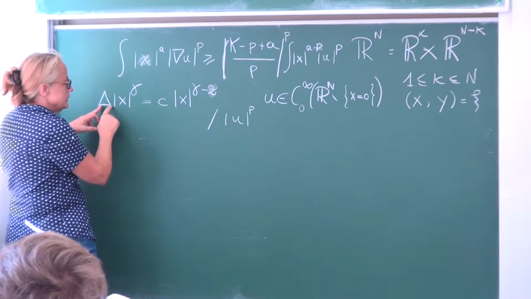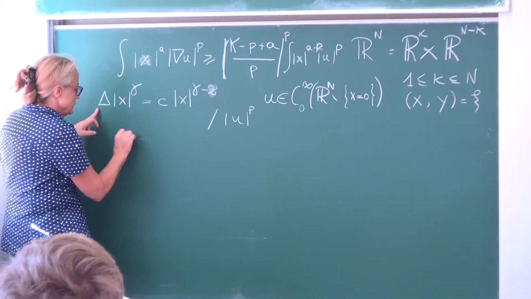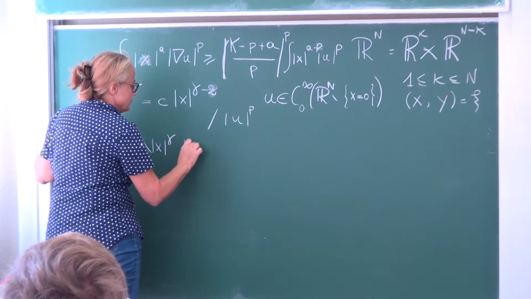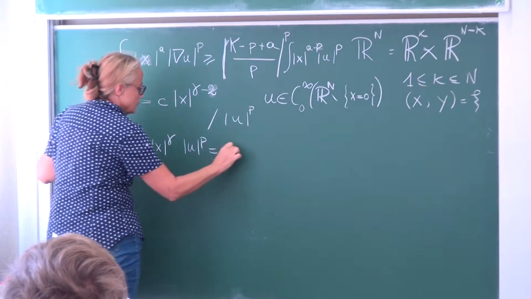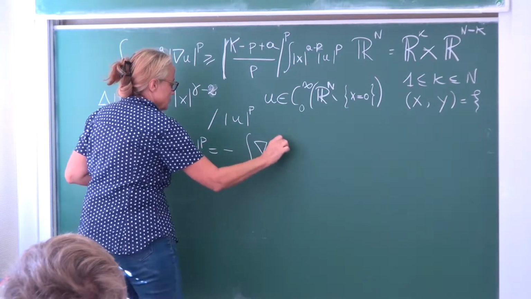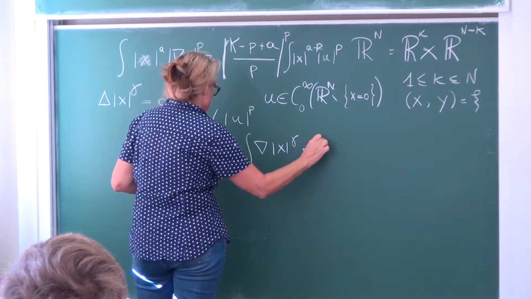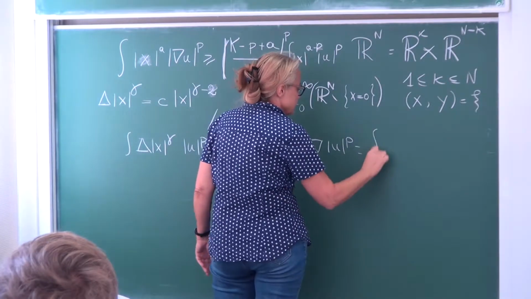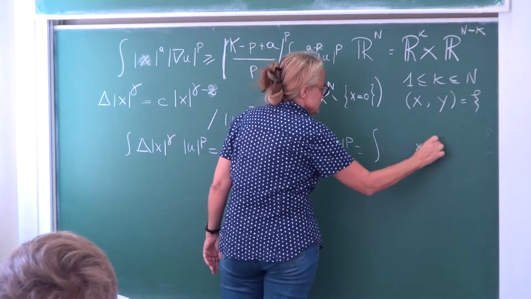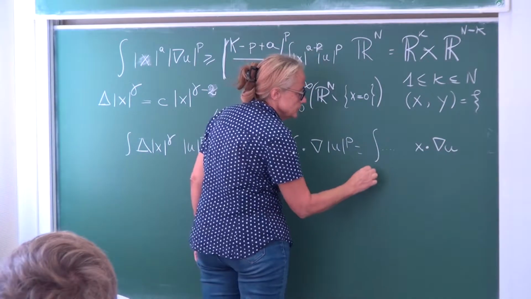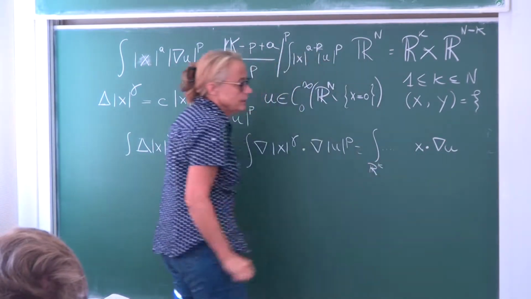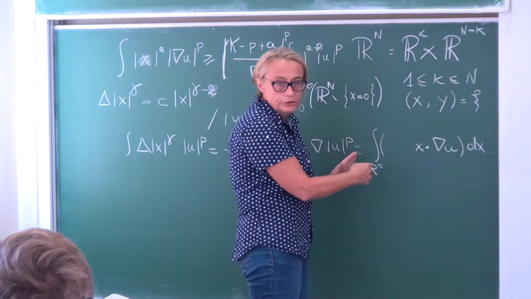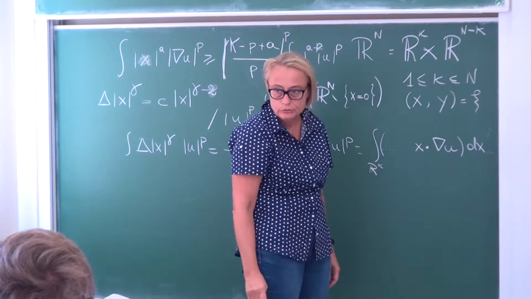So in the left-hand side we have made this computation. At this point, this is x dot gradient of u, and in the first step this was an integration just in dx. Then we used the Hölder inequality to conclude the proof.